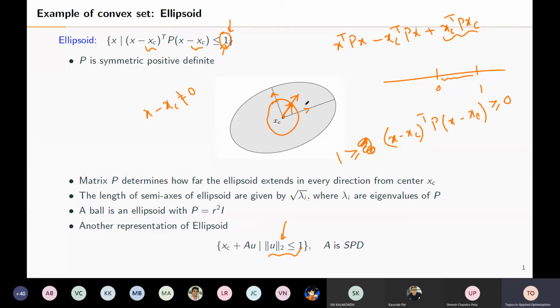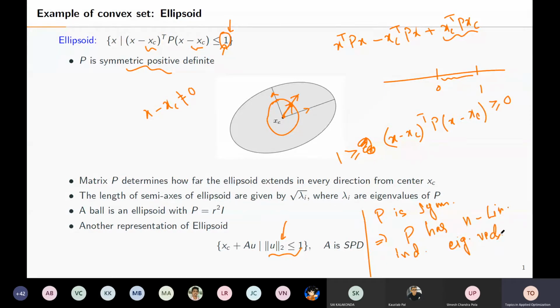But the important thing is, we are talking about symmetric positive definite matrices, right? A symmetric positive definite matrix has n linearly independent eigenvectors. You recall this, okay? So if P is symmetric, then P has n linearly independent eigenvectors.